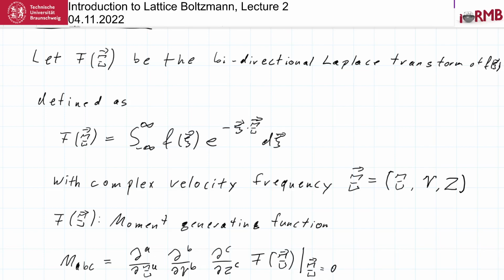So we take this function, take the derivatives, and then evaluate it at 0. This is what it means, and this gives us the moments. This is nothing else than, if you look at it, you have a development point and you take derivatives at this development point. From where do you know this? You have seen this.